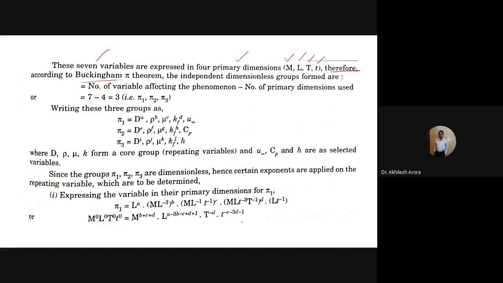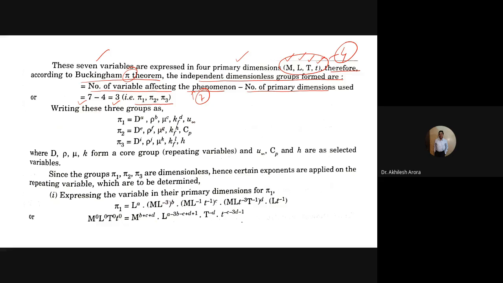According to Buckingham's pi theorem, the number of independent dimensionless groups that can be formed is equal to the number of variables affecting the phenomenon minus the number of primary dimensions. The primary dimensions are 4 and the variables are 7, so 7 minus 4 is equal to 3. So we can form 3 pi terms, which are non-dimensional terms.